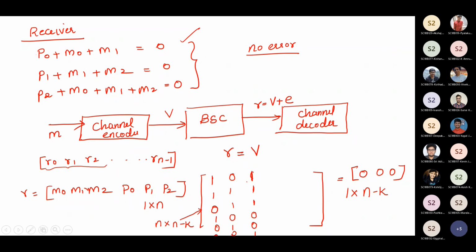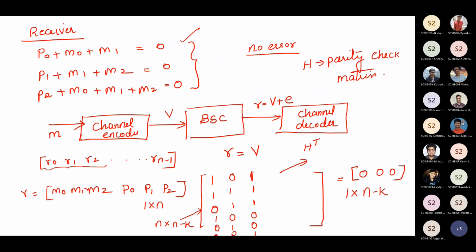So if we take this matrix as H transpose, where H is nothing but your parity check matrix.